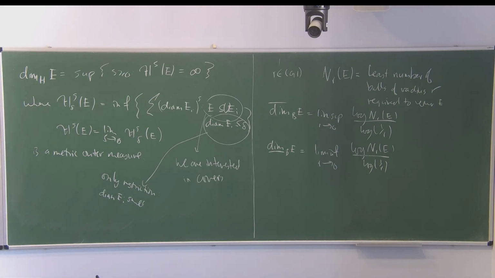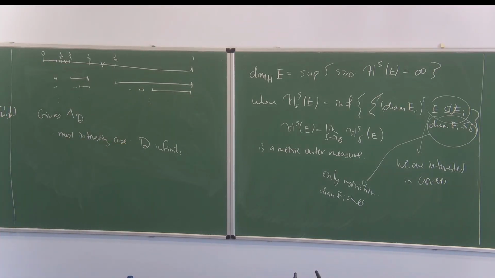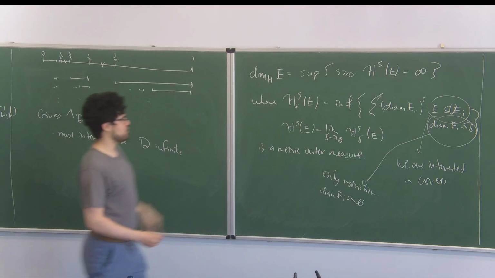Fine. Okay, so what's going on? Let's remember. We've fixed some set of digits, and we're looking at the sets lambda sub d, which are constructed in this way. We are most interested in the case that the set of digits is infinite. And what precisely are we interested in? Well, we're interested in these three notions of dimension.